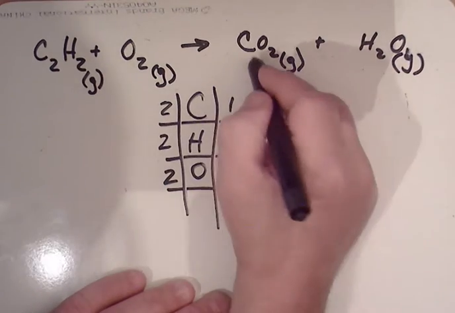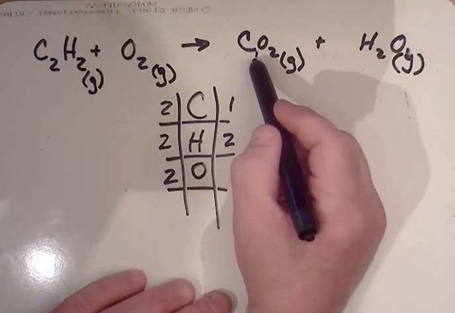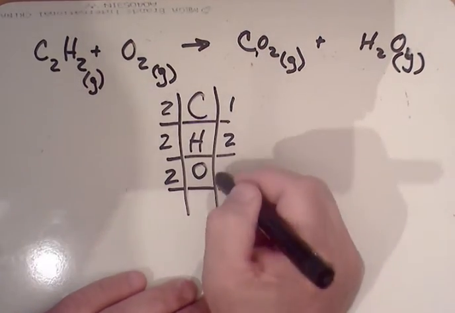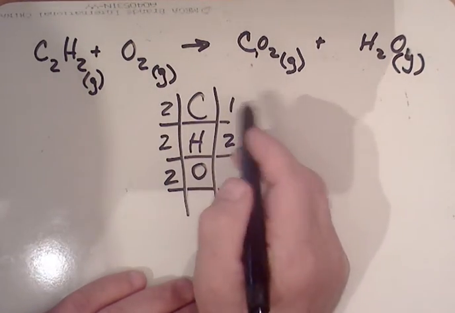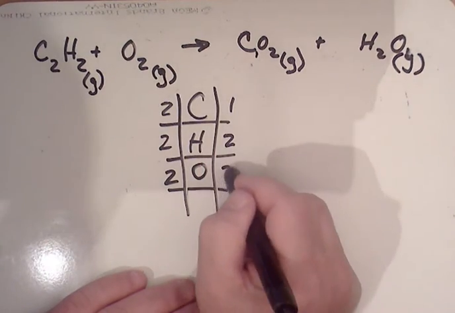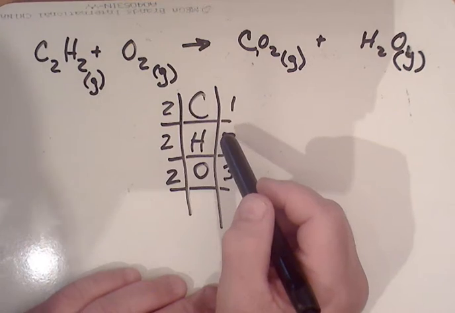Even though it's not listed, there is a subscript of 1 next to any single element in a compound. So I'm just going to put that for our own reference. So we have a total of 2 plus 1 more is 3. So the only thing that's balanced right now is hydrogen.